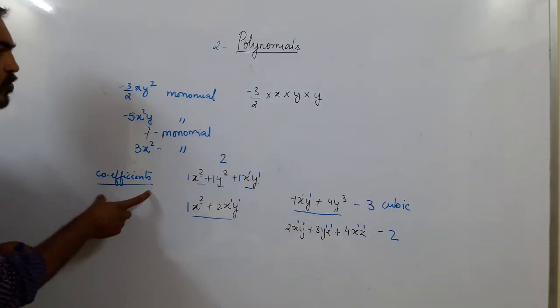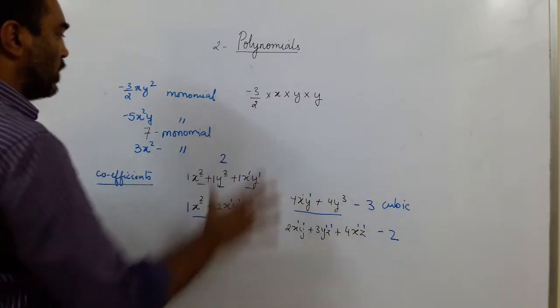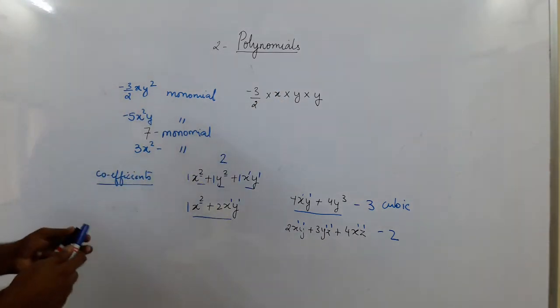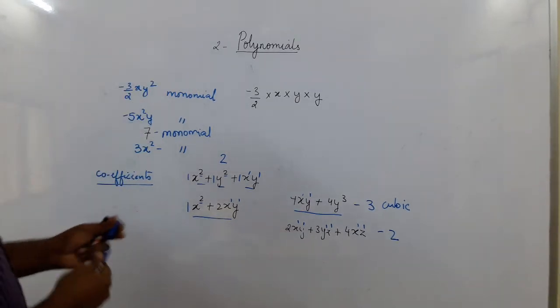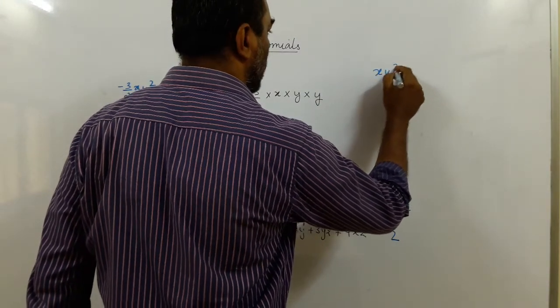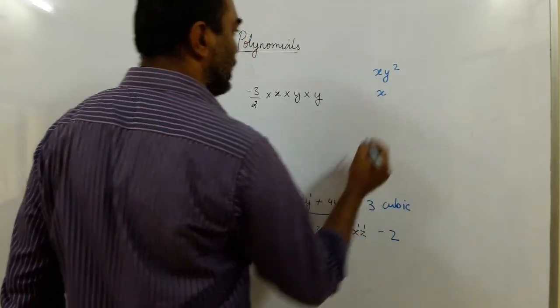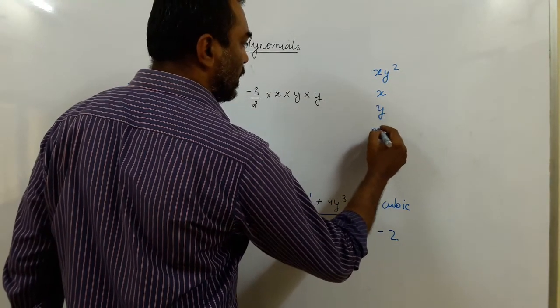Why I use the word coefficient is because here the variables are broken up. Now I will write down the variables and the coefficients. So what can we have? xy square, only x, only y, xy.